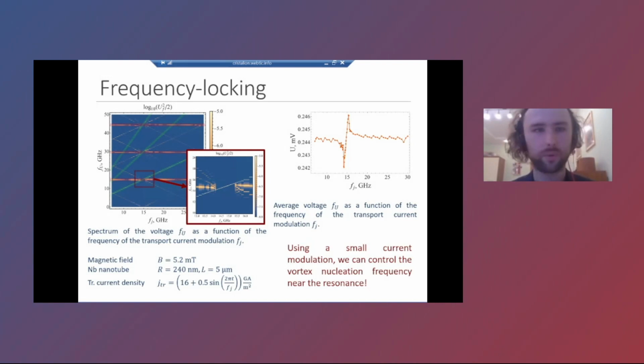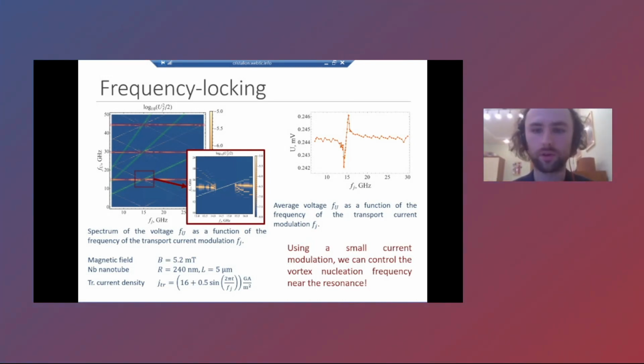Also, if the frequency locking appears, we can find it experimentally just by plotting an average voltage as a function of the frequency. This is the right panel, and we can see something very similar to the plot when we consider, for example, an anomalous dispersion in optics.